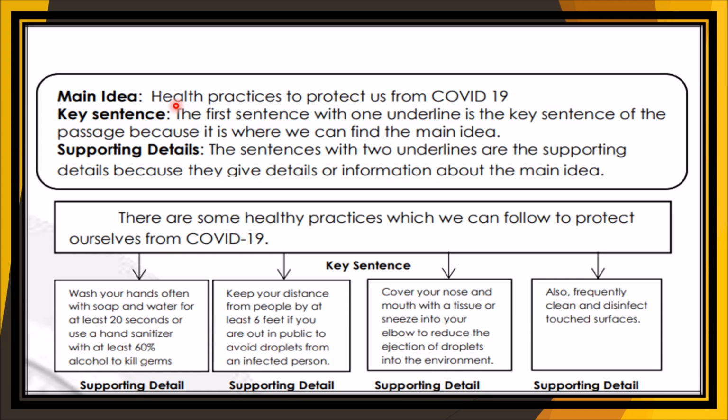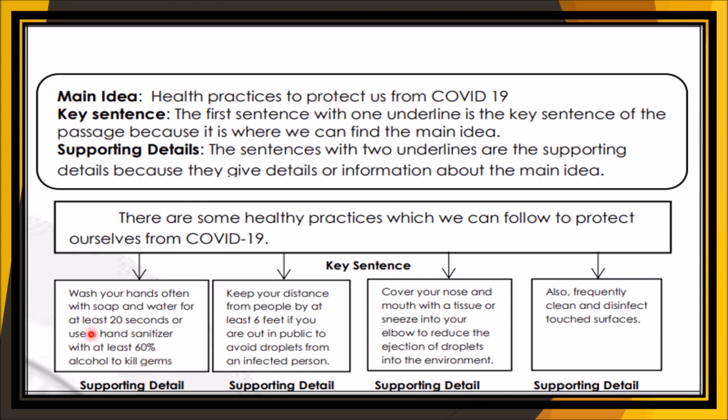And we also have, after the main idea, the key sentence. This is the key sentence. And the supporting details are the details or information that support the main idea. Okay? Sila yung nagbibigay karagdagan para lalo natin maunawaan ang main idea, yung pangkalahatang sinasabi rito.